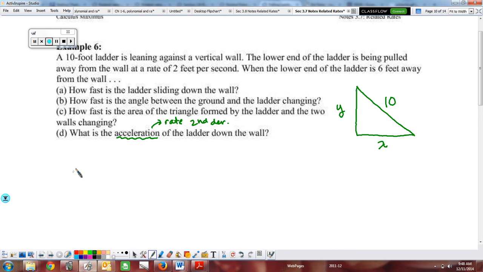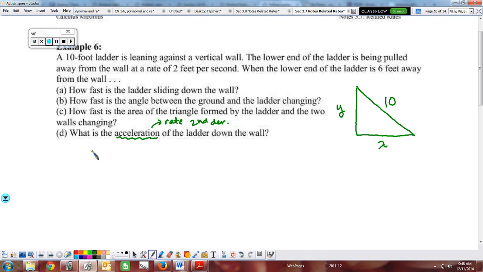Okay? So in part D, when we're talking about acceleration, acceleration is the second derivative of what? It's the rate that the height is changing over time, and you have to take the rate of the rate.